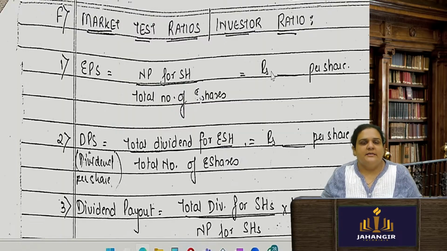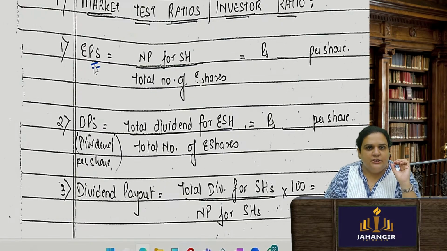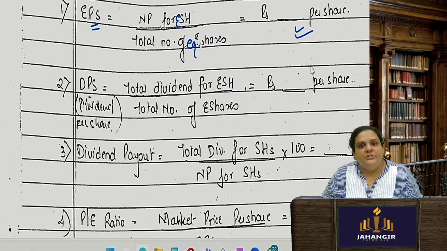Then investors ratios or market based ratios. This is all about earning per share, dividend payout, all that. Earning per share is all the profit which is now available only for equity shareholders upon the total number of equity shares. Dividend per share will be the total dividend upon the number of shares.